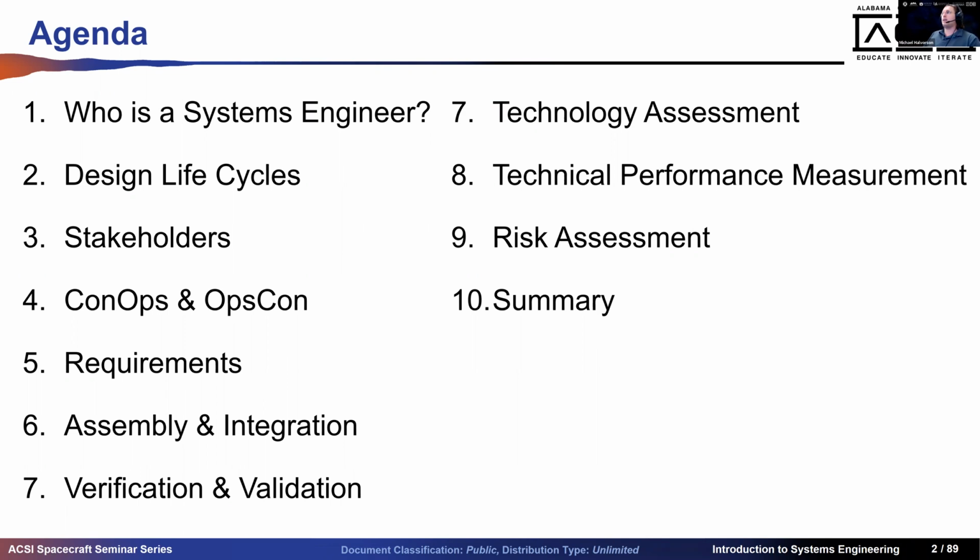So what's your technology readiness level and how do you determine that? Technical performance measurement, which is another very difficult part of systems engineering to do correctly. What are risks? How do we describe them? And we'll summarize everything to really hammer the points home.